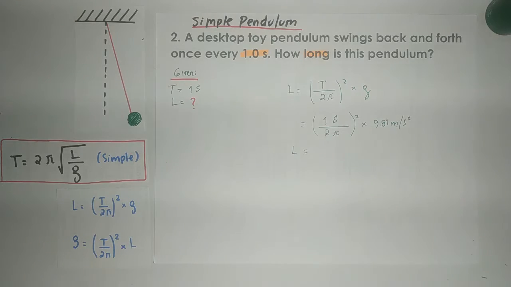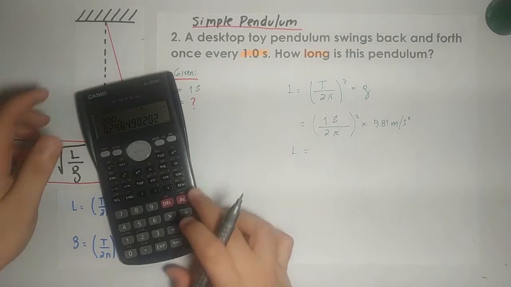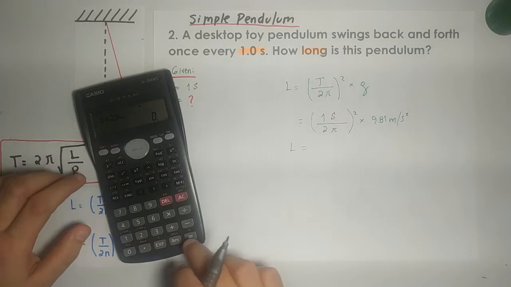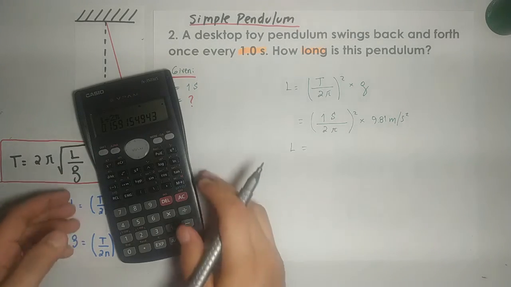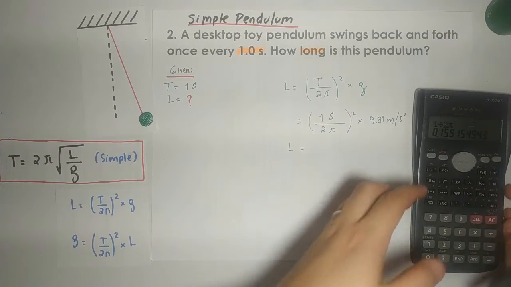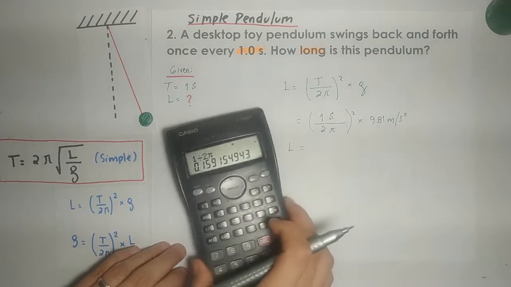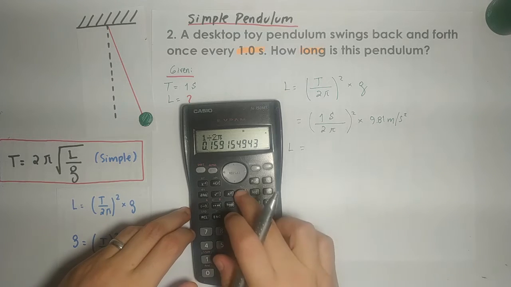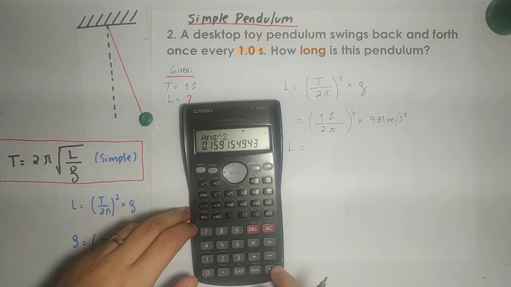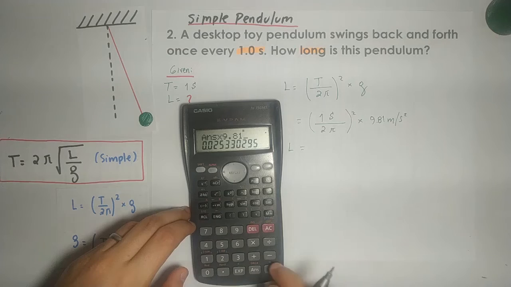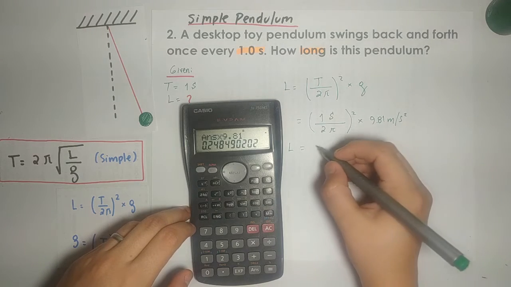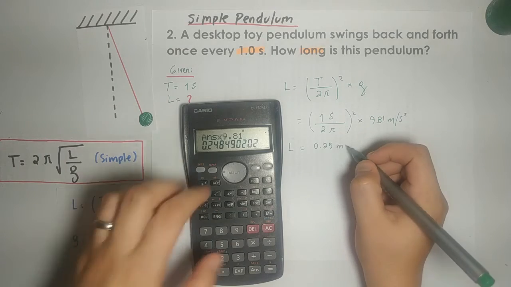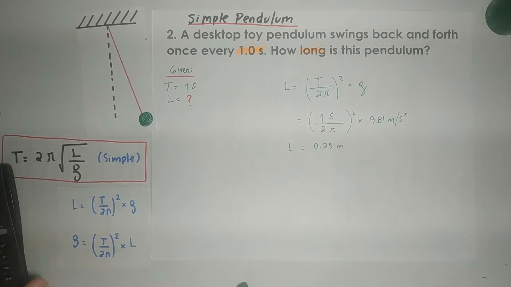My length, it's gonna be 1 over 2 pi. That answer, I'll raise it to the second power, and then I will multiply times gravity, and my length is 0.25 meters, and that's it.